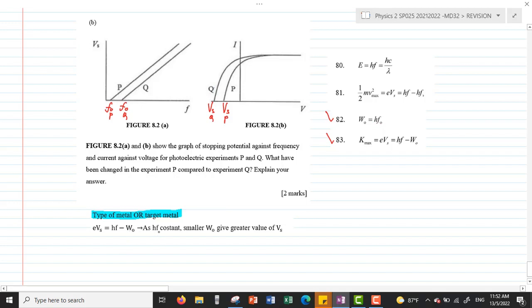So as hf is constant, meaning the energy of the incoming photon is constant, the smaller value of work function will give the greater value of stopping potential. So if we compare experiment P to experiment Q, the thing that has been changed in the experiment is the type of matter.